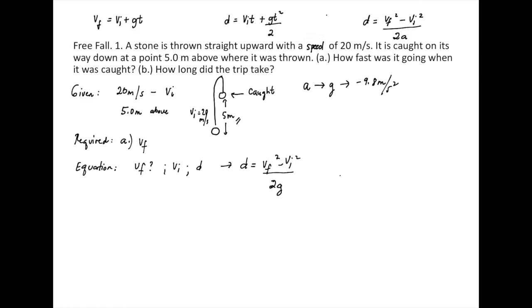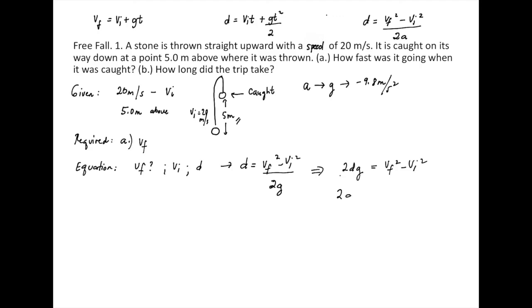And then substituting our values, we need to find first the value of VF. Deriving that formula, we have 2dg equals VF squared minus VI squared.